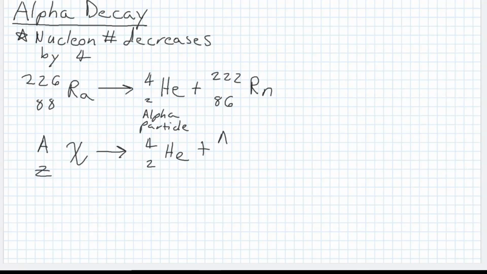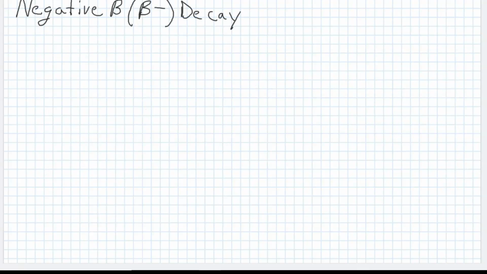If this happened, I would reduce A by 4, so A minus 4, and I would reduce Z, the atomic number, by 2. And remember, when you change the atomic number, you change what element you are. So I'm no longer element X, I'm now element Y. That's alpha decay.